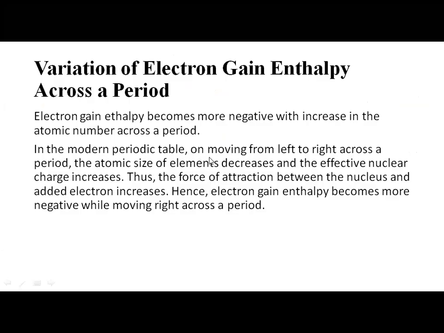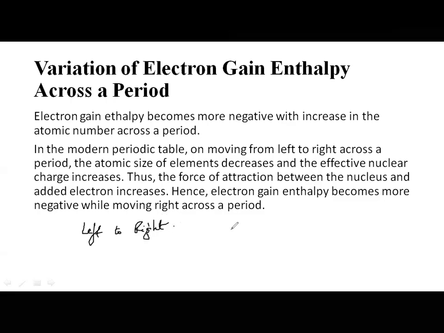Now, variation of electron gain enthalpy in the periodic table across the period. Electron gain enthalpy becomes more and more negative with increase in the atomic number across the period. That is, when you move from left to right in the periodic table, atomic size of the elements decreases.